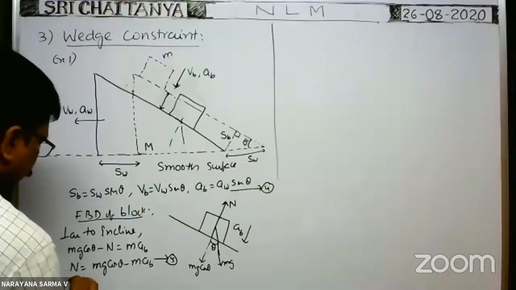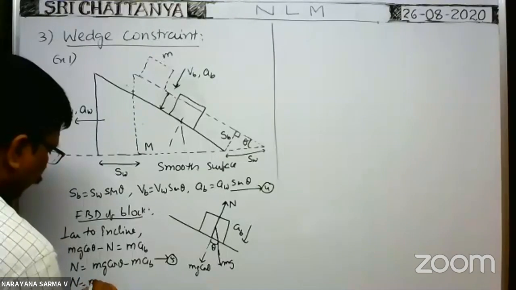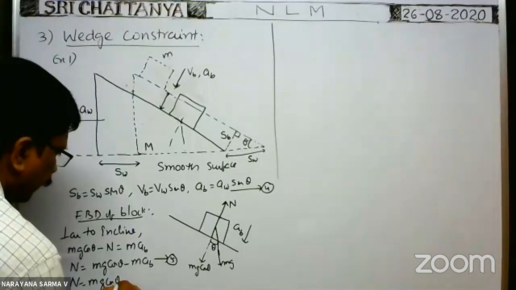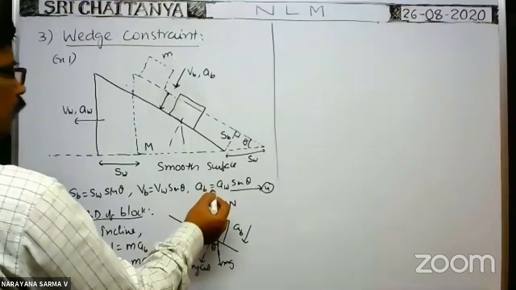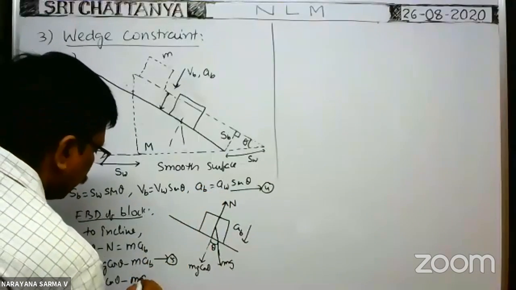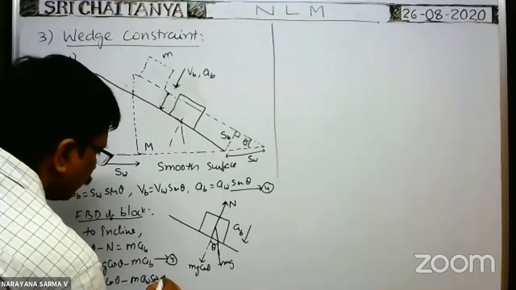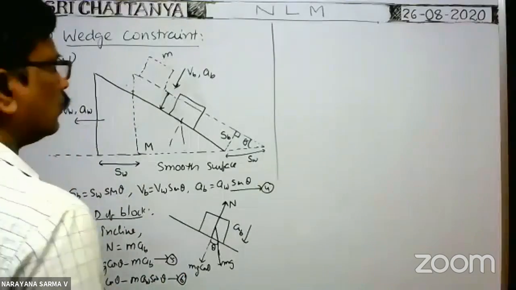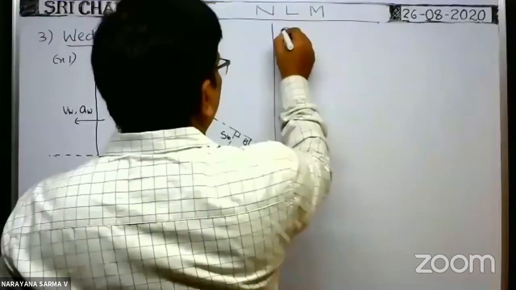From this formula we can write N is equal to mg cos theta minus m into AB, and AB is AW sin theta. This is equation 6.